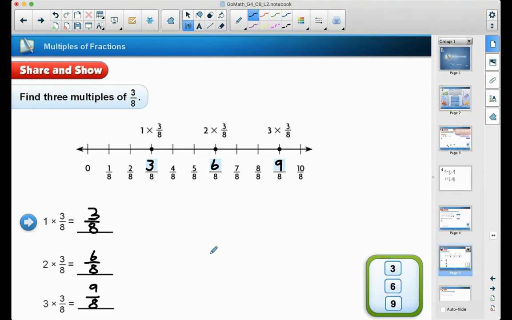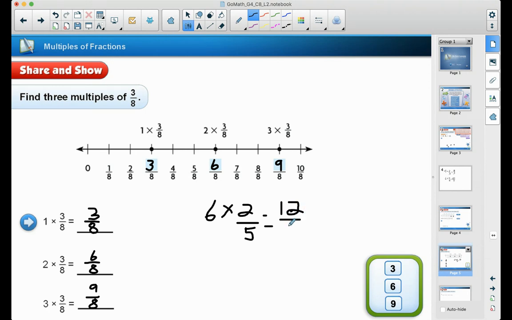Okay, so you've learned 2 things in this chapter. The first is to multiply a whole number by a fraction. Once again, 6 times 2/5 is equal to 6 times 2 is 12, 12/5.